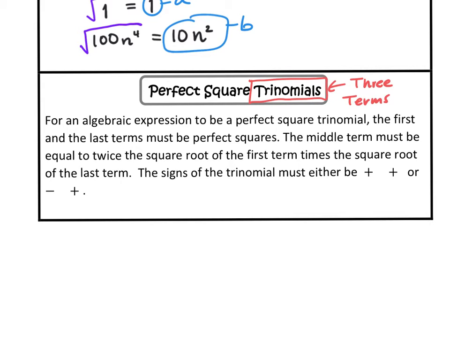There's 3 terms. Right? So we have a first, a last, and a middle. And what we want to check for is that the first and the last terms are perfect squares.